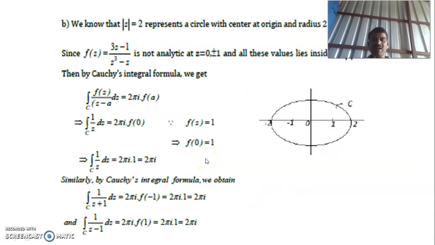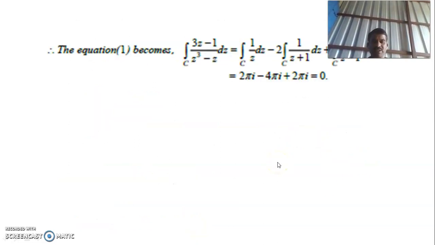Next, for the second domain mod z equal to 2, all three points lie inside C, so we can make use of the 1 by 1 at 0, at 1, as well as this one. So all these give 2 pi i results, since all the points lie inside C.